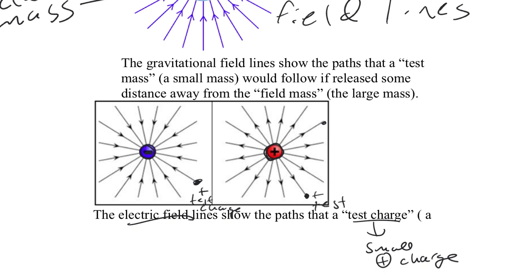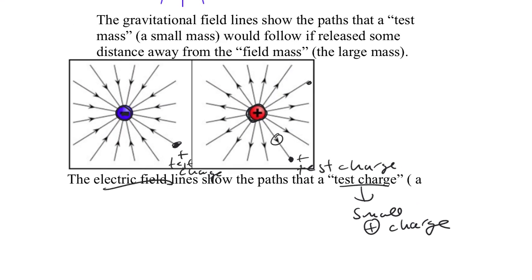Test charges are always positive. They will be repelled by the electric field. So like charges repel, whereas unlike charges attract. So here's another difference between gravitational fields and electric fields. Electric fields can attract or repel, whereas gravitational fields can only attract masses.